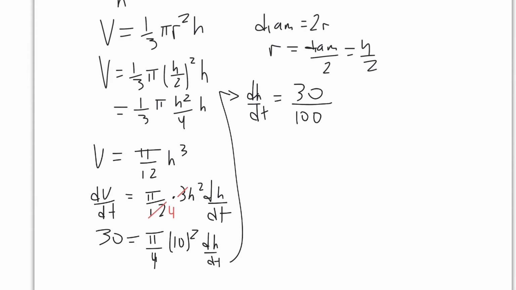And then it's also going to be divided by the pi, but it's going to get multiplied by the 4. So let's try to reduce this the best we can. The 30 and the 100 will reduce to a 3 and a 10. The 4 and the 10 will reduce to a 2 and a 5. So we're going to have dh/dt equals 6 over 5 pi.